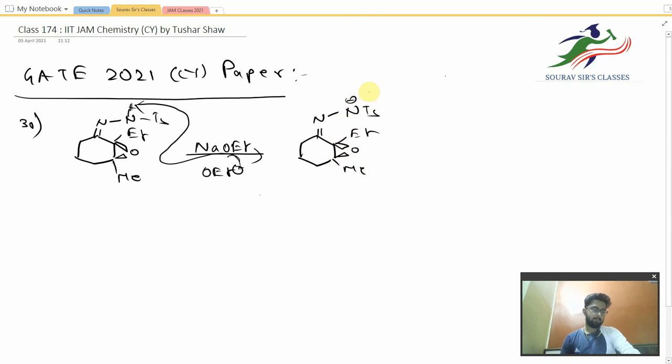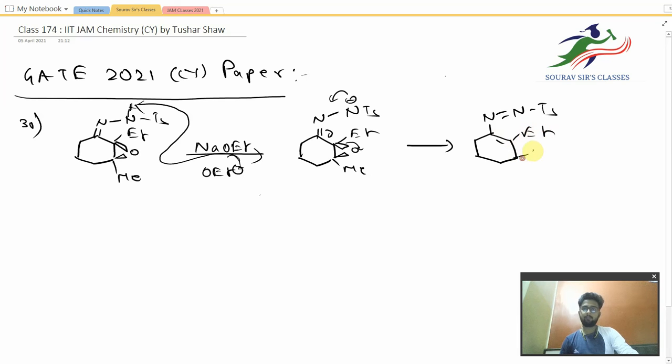Now this minus charge would go in resonance with the double bond, giving a minus charge in this place. So the minus charge would be forming, and this bond would be opening up, forming a minus charge on the oxygen. So we have N double bond N Ts, then we'll be having a double bond over here, we have Et over here, we have O minus over here, and we have Me over here.